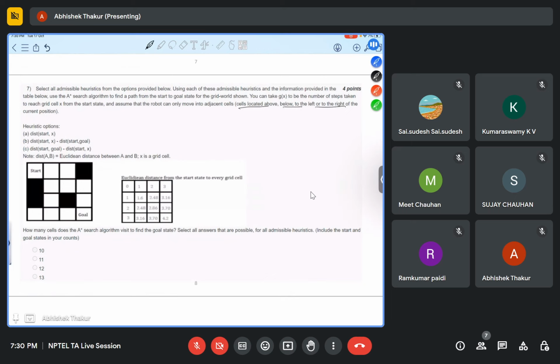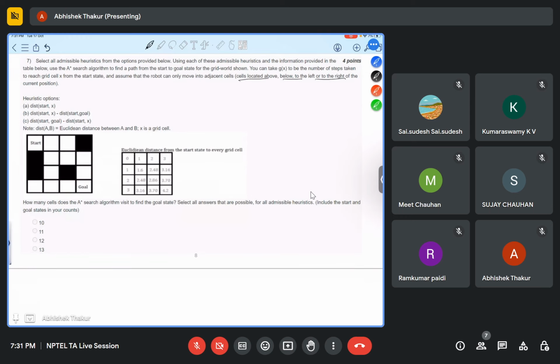So we have to find the optimum path from the source to destination in this question. And a grid map is given, this is our goal position and this is our start position. So from here we have to reach up to the goal position.